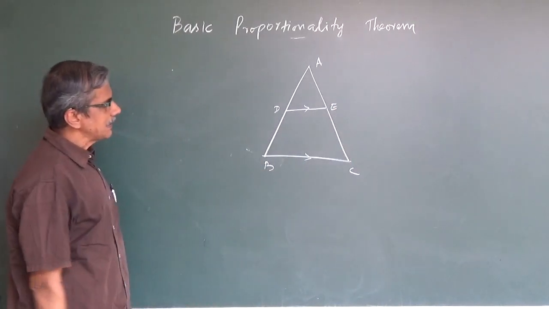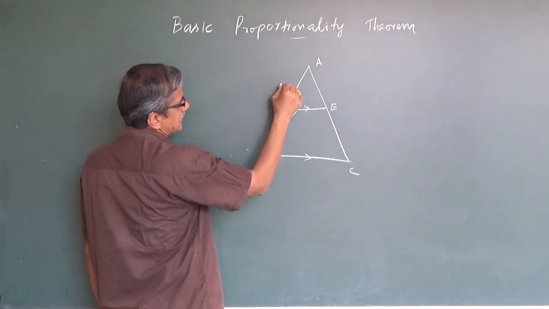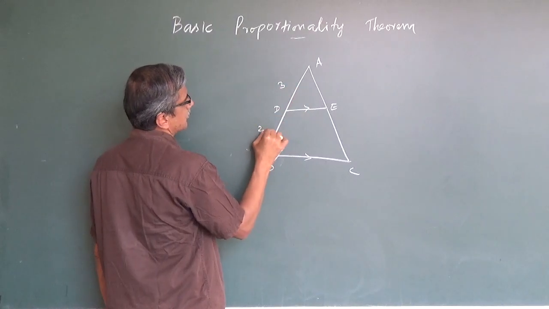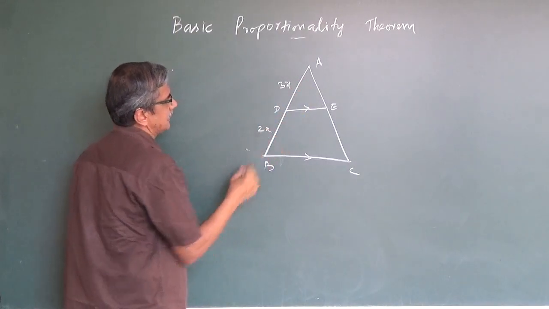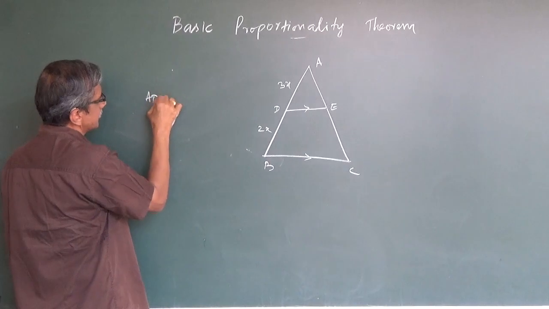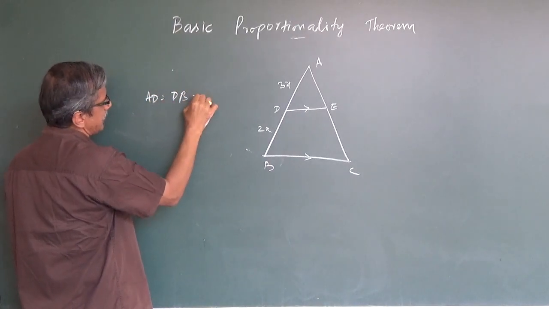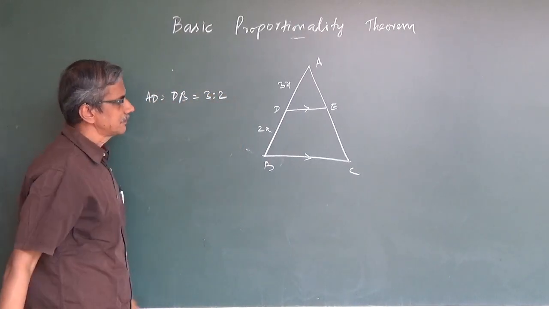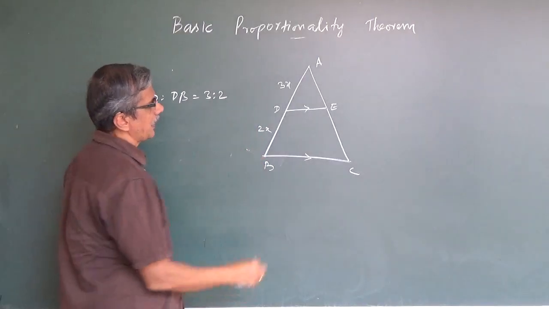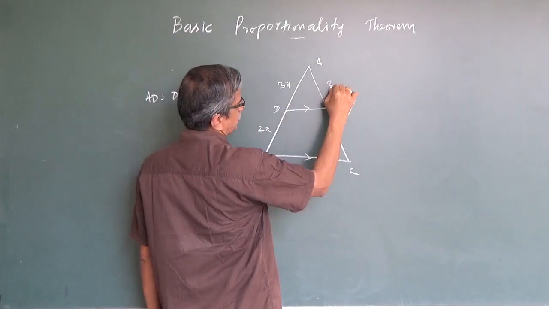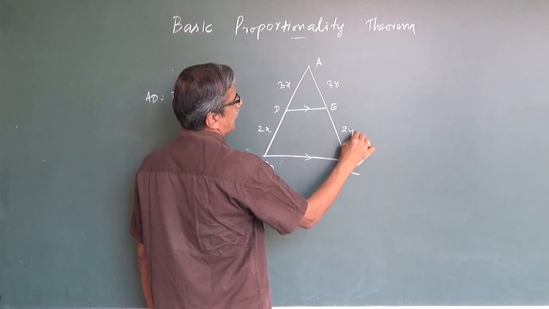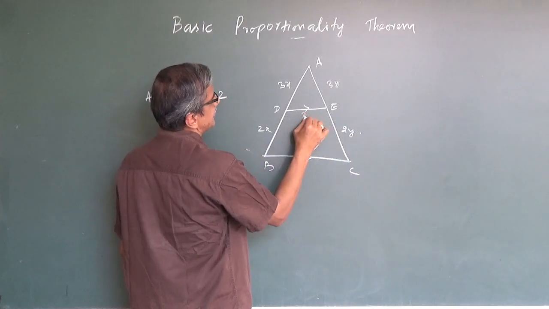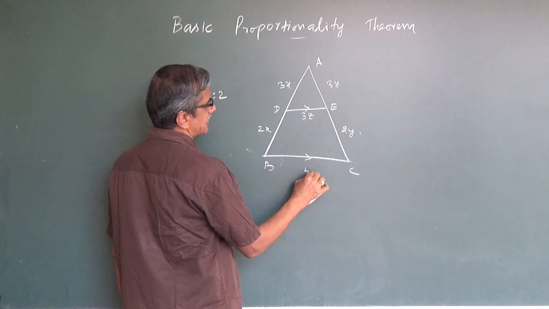Now let us take another ratio. If AD to DB is 3:2, given, with 3x and 2x, then this will also be 3:2. This will be 3y and 2y, and this will be 3z and 5z in total.